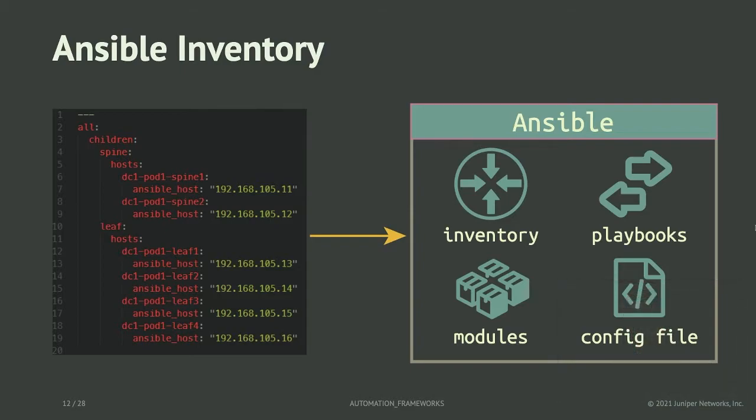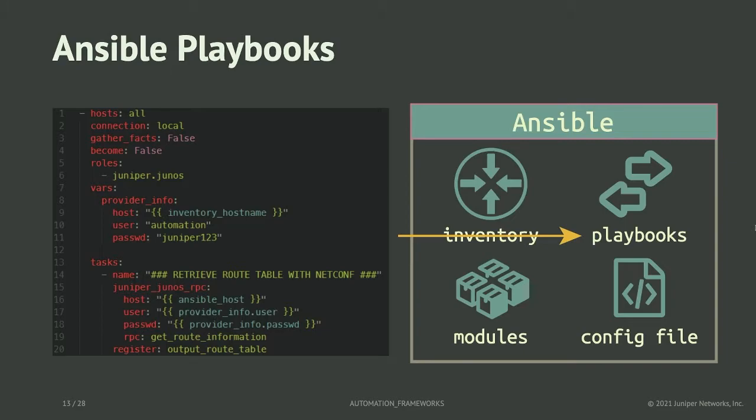It is written again in YAML, so a bunch of key value pairs. If you had watched that previous video, you might be able to read this and make some sense of it. But we are basically stating what our data center fabric looks like in this specific case. So fairly easy to extend, fairly easy to work with. It can be edited in any kind of text editor of your choice.